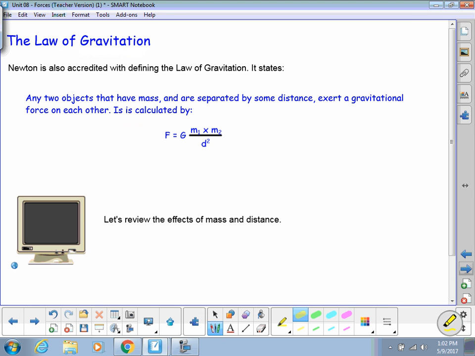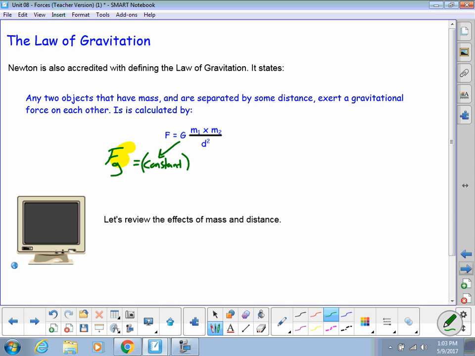Now, the law of gravitation. So Newton defines what gravity is and also the original calculation for it. Remember, he said that gravity is an attractive force between two objects that have mass separated by some distance, and that's what we have here. So he originally calculates that the force of gravity, again, always happens, force of gravity equals this gravitational constant, which we're not going to worry about what that is.